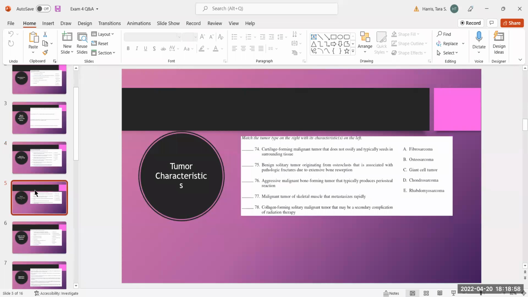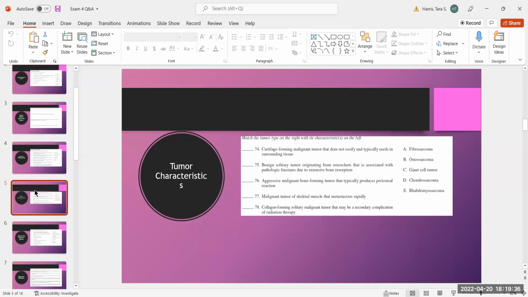Okay, here is another, this one is about tumor characteristics, and this will be on your exam as well. So the answer choices are fibrosarcoma, osteosarcoma, giant cell tumor, chondrosarcoma, and rhabdomyosarcoma. Okay, take a look at the beginning part of these words to really figure out which disease process or type of tumor it would be.